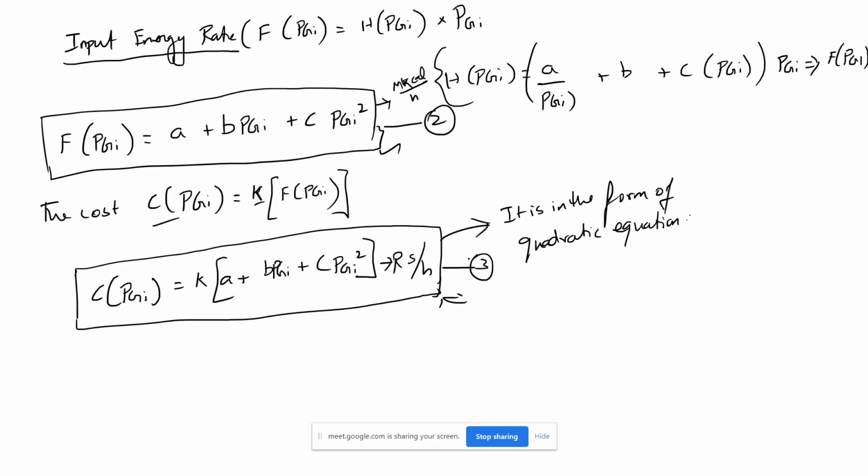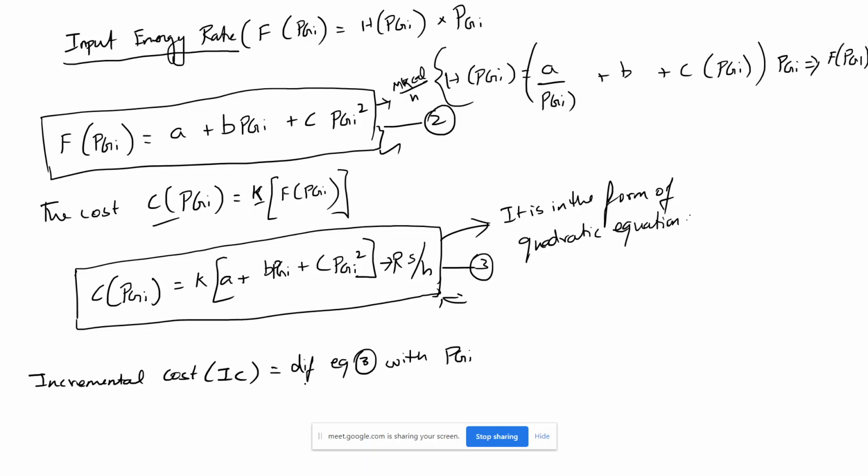But to get the incremental cost, we need to differentiate this cost equation, equation 3, with respect to PGI.